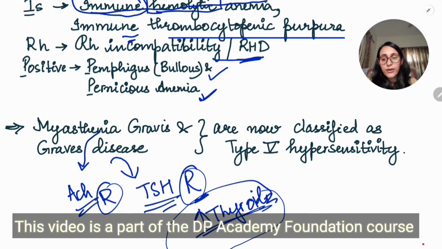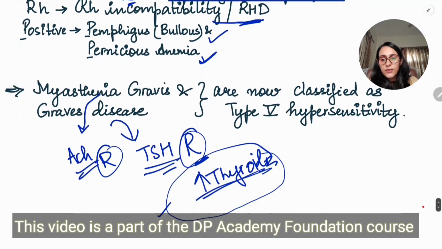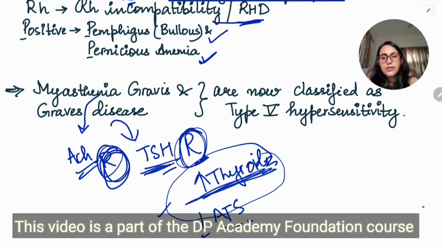Therefore, these are also known as thyroid stimulating antibodies, previously known as LATS, that is long acting thyroid stimulator. So basically there is going to be an increase in the action of the thyroid. Why? Because the antibodies are formed against this TSH receptor, so the antibodies act like a stimulator and increase the thyroid hormone. In both of these diseases, the antibodies are against the cellular receptors, not the molecules.